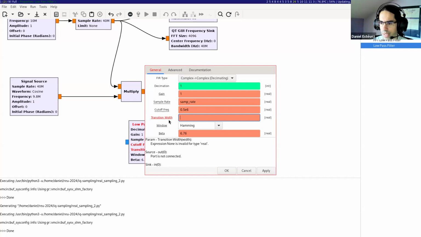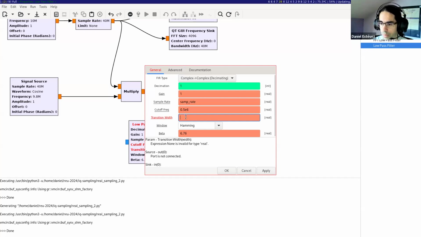It will not have exactly 0 gain. So it will attenuate the signals by a large amount, but not make them completely disappear.